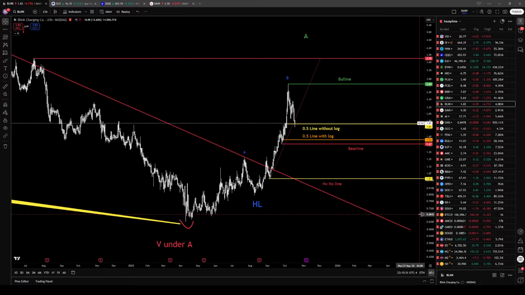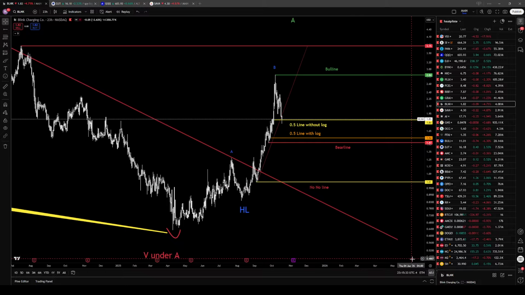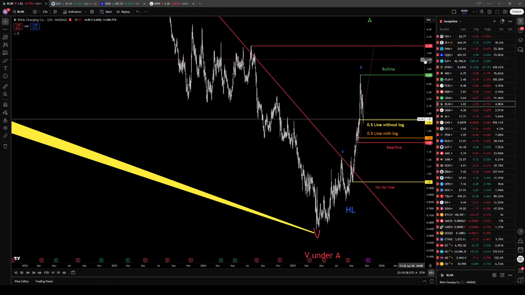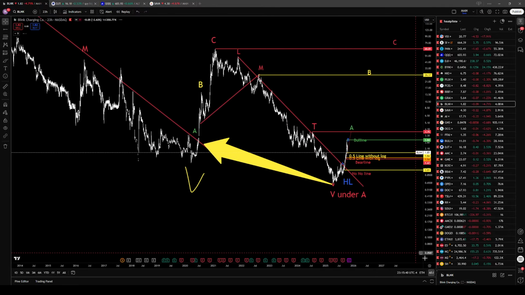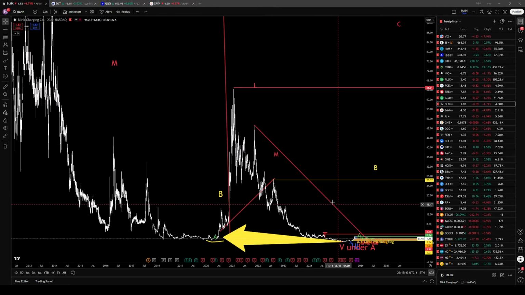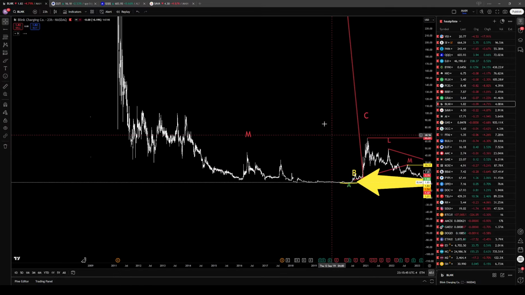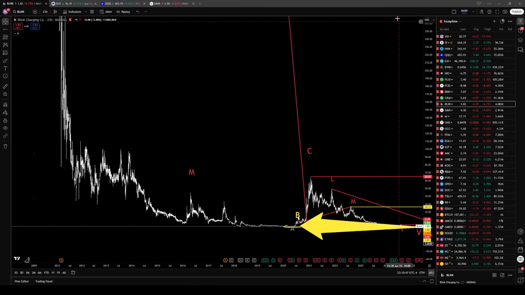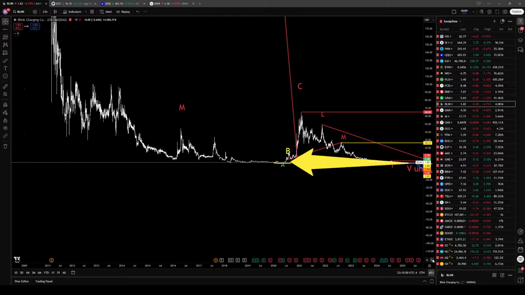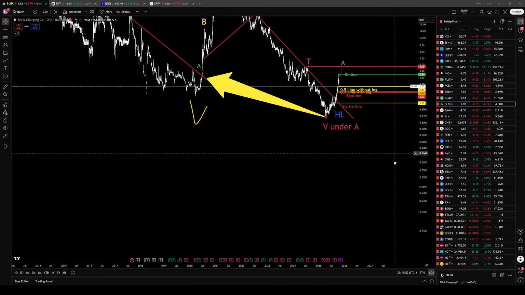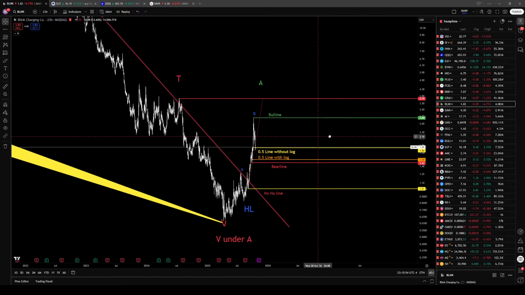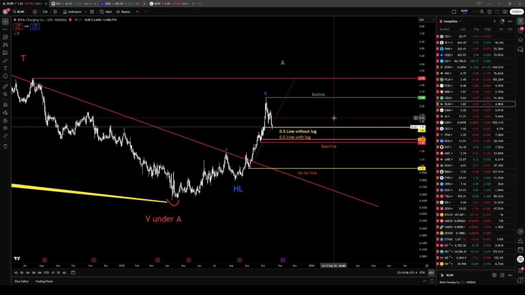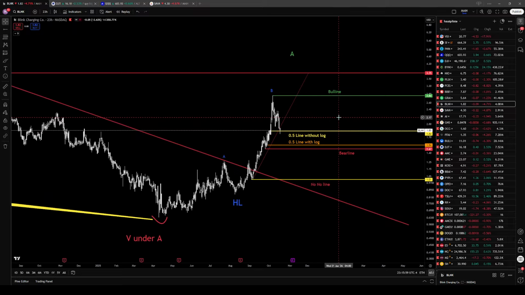Here two things, because I'm looking at log. All my tracking is on log, because if you're not tracking it on log, you just can't see anything. Without log, you don't see anything. So I have it on log. But for the fib retracements, you have the option to put the fib retracement on log or not on log.